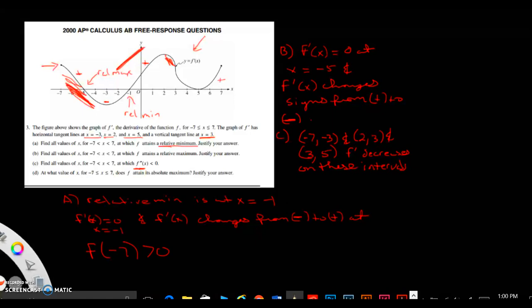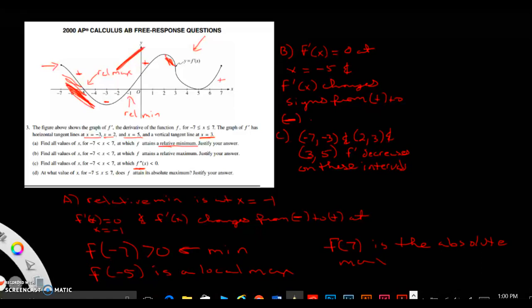That means the graph is traveling up from it, so this is a min. f of negative 5 is a local max. The next point, f of 5 can't be it because it's a shelf point, so it's f of 7. So f of 7 is the absolute max.